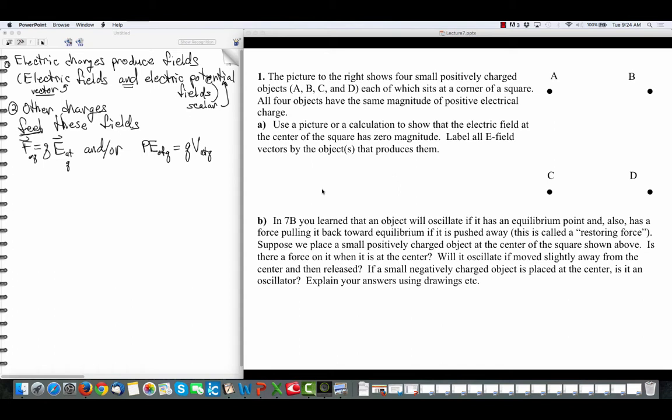One of the charges, so here's the two parts to this, one of the charges produces a field everywhere in space. I say one charge, but any set of charges can produce a field everywhere in space.